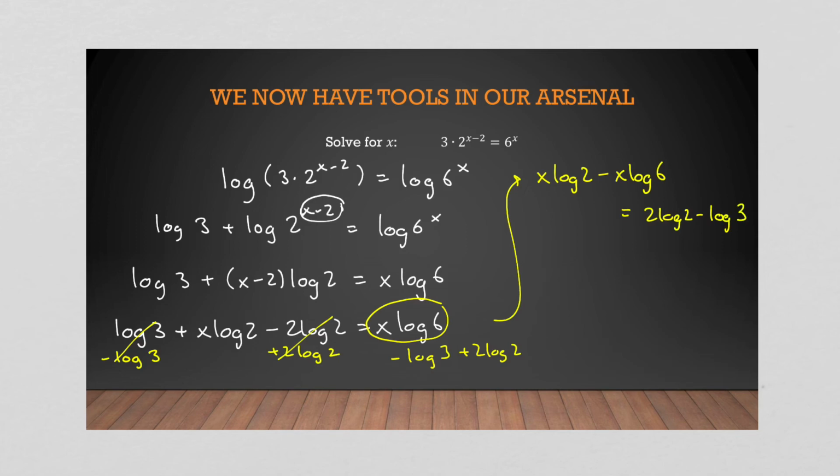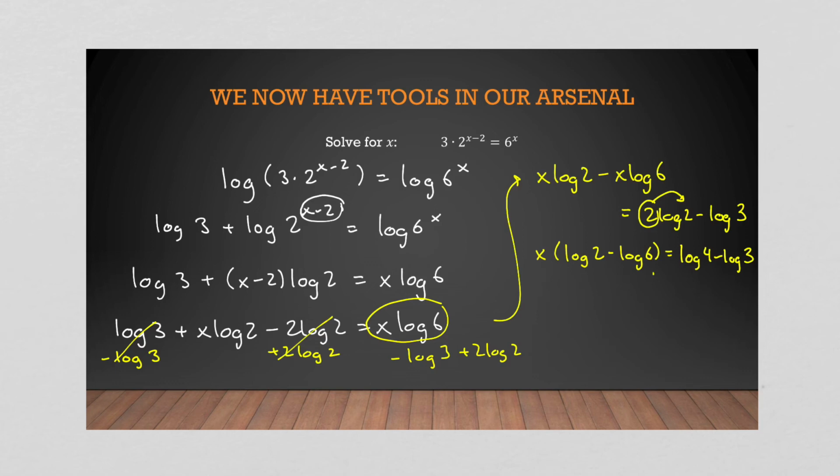So now we can factor out the x. So we get x times log 2 minus log 6 equals, and now this 2 can go back into our exponent and we can just make it log 4, because it's a calculation we're going to make. So equals log 4 minus log 3. Now remember, we need to make some calculations here.